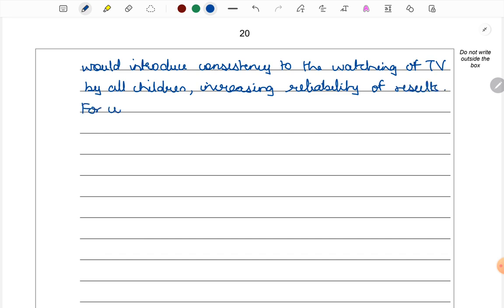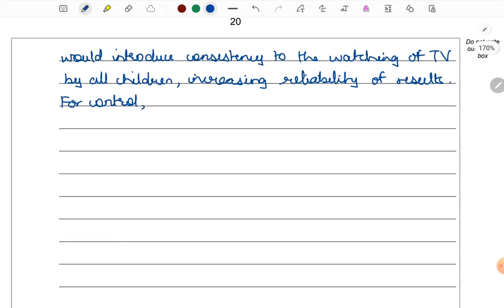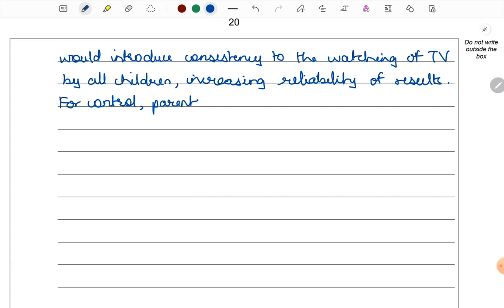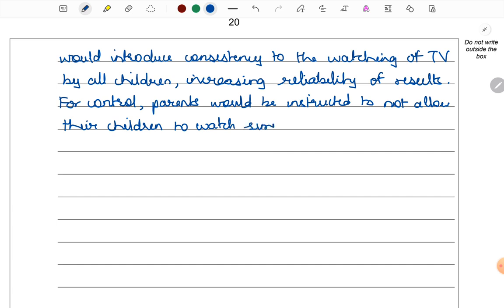For control, parents would be instructed to not allow their children to watch similar types of TV programs on social behavior for the 8-week period of this study.